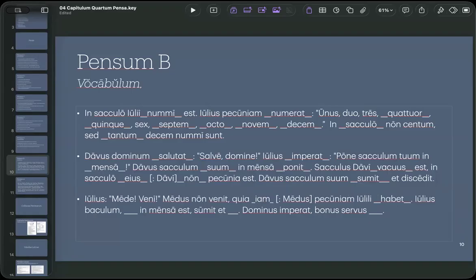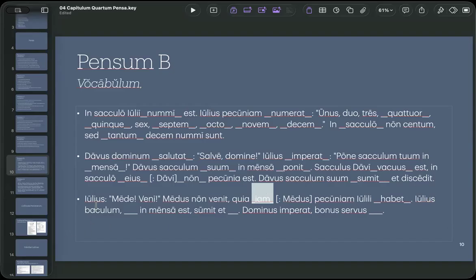Because habet indicates metus, so I guess it could be either one. I kind of like the iam because now he has Julius's money. But you could probably put in abest. I was thinking that because he has Julius's money. That's true. You could even put metus in there. There's a couple of different words you can stick in.